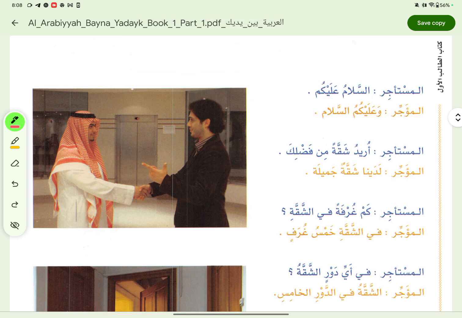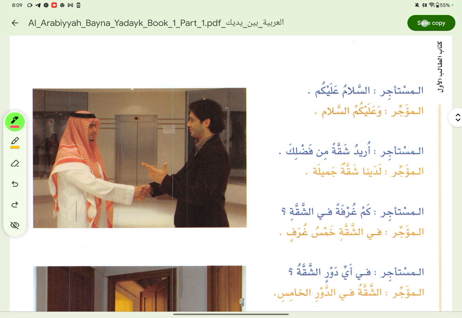And المؤجر is a person who rents out places, a landlord, so to speak, or a landlady, a مؤجرة. If you're speaking, you would say مؤجرة, ending on that. A مؤجرة is the right way to write it, with a ta marbuta if you're talking about a female. المستأجرة is also for female, with ta marbuta. Remember that, sisters.